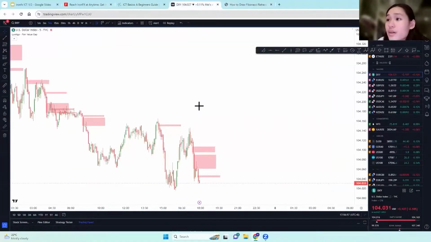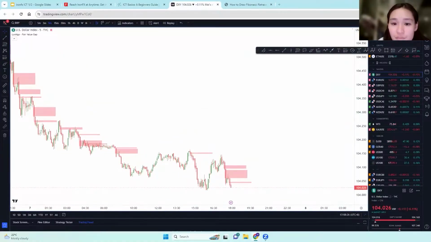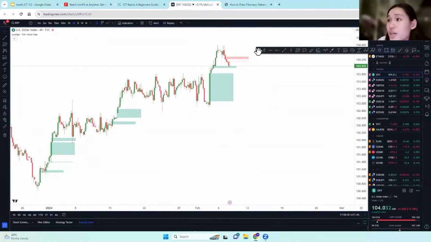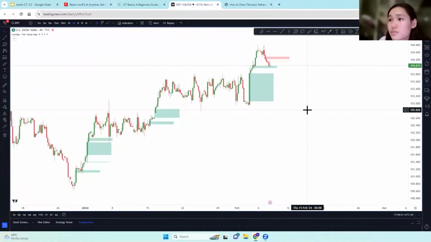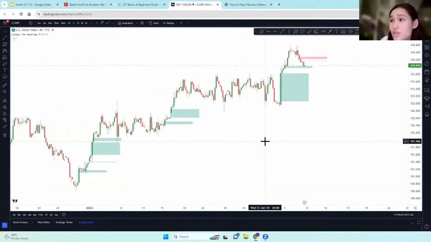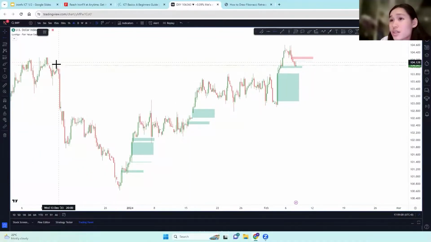Okay, let me go back to my chart here. You can see that our fair value gap is in this area here.